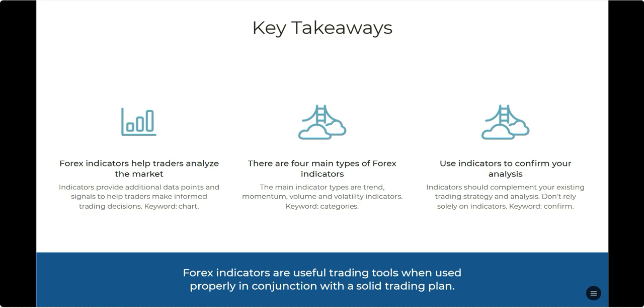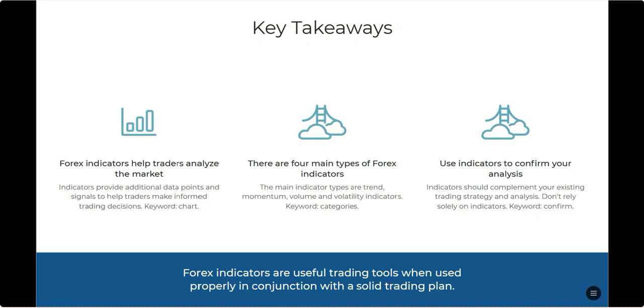Okay, the key takeaways. Number one, Forex indicators help traders analyze the market. Indicators provide additional data points and signals to help traders make informed trading decisions on the charts. Number two, there are four main types of Forex indicators: trend, momentum, volume, and volatility indicators.